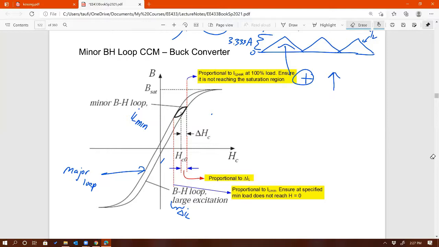How do I know that? Because the IL min point is not at 0. It's not touching the y-axis. Make sense? Now, what if we operate this buck converter in DCM?